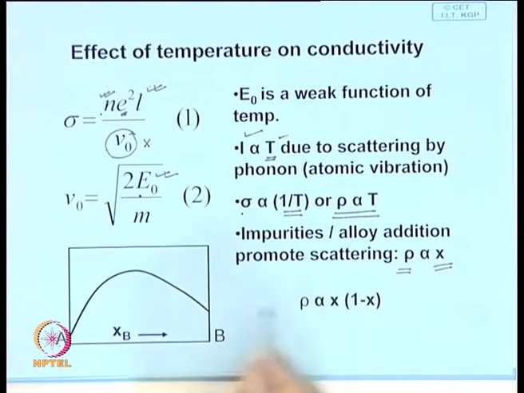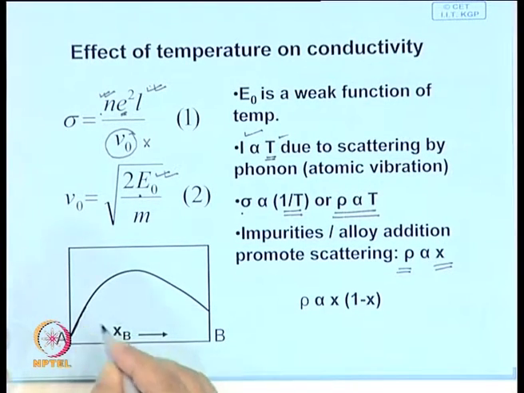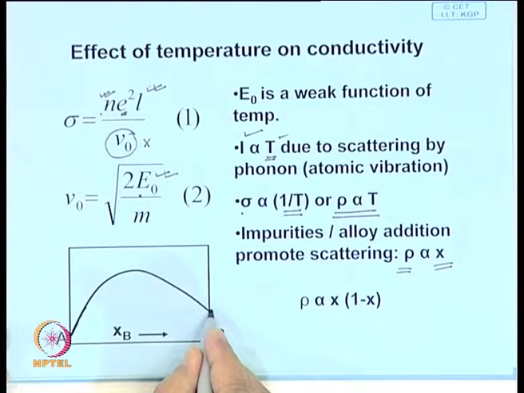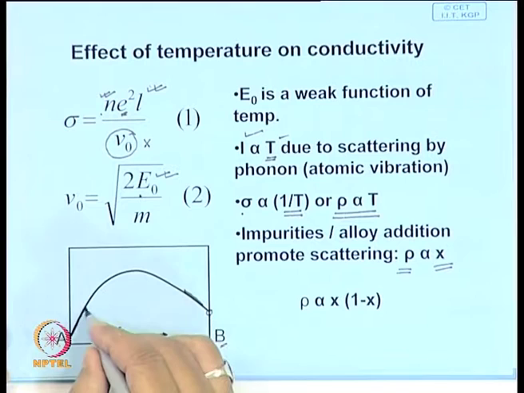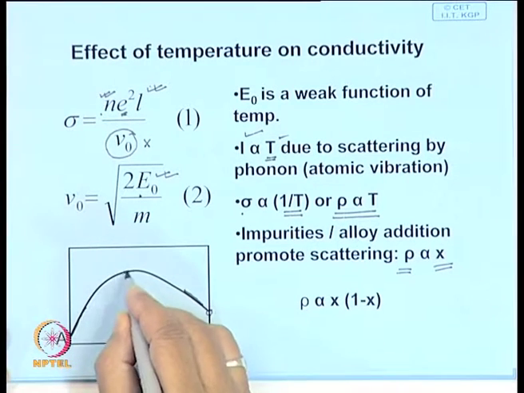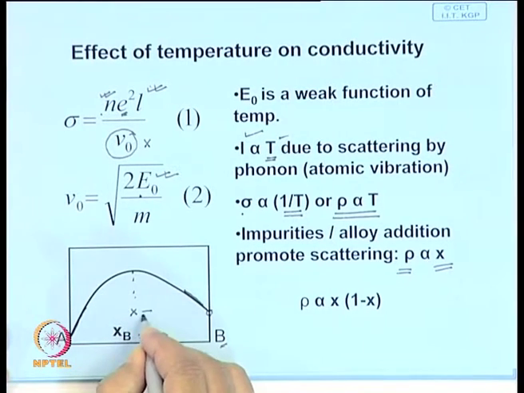Now, suppose we take a binary system, so two elements A and B, both conductors, and they can be mixed in all proportions. At both ends the resistivity will go up with concentration; this end is the base resistivity of metal B. If you plot the total, you will get a maxima somewhere in between, where x is 0.5.